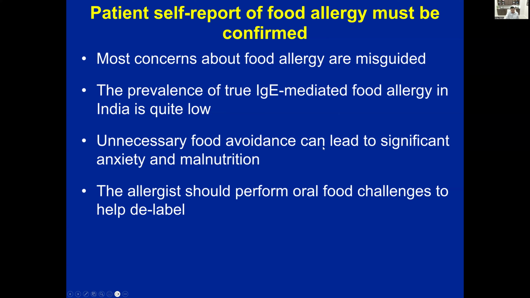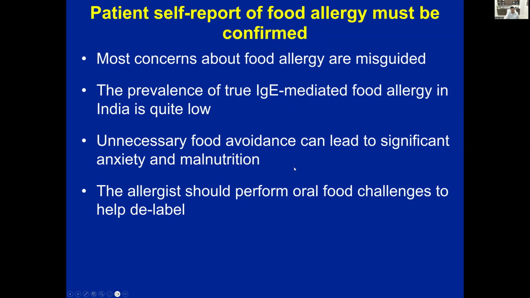And oftentimes you'll see children very malnourished because the parents falsely believe that their child has multiple food allergies, so they restrict their diet severely. And this can lead to unnecessary anxiety and malnutrition. Also, in young children, when you avoid a food, you may actually increase the risk of an actual food allergy because you lose the tolerance.